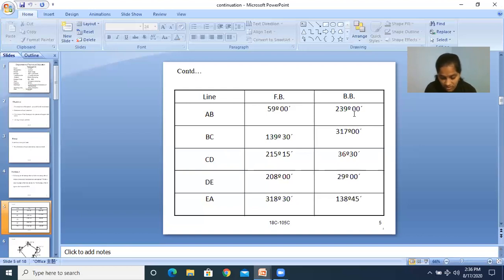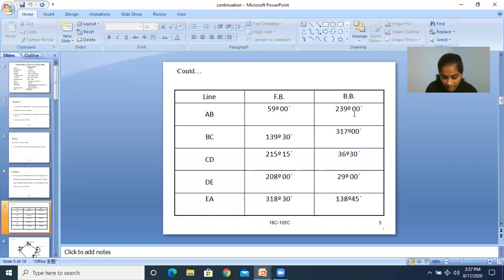So this is 179, less than 180. And the last one: 318 degrees 30 minutes minus 138 degrees 45 minutes. So this is really greater than 180.